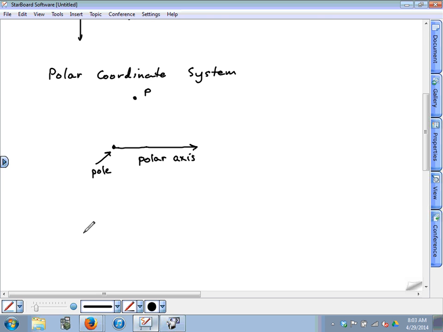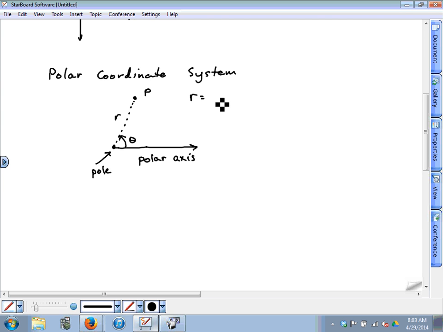The location of this point is not described using vertical and horizontal components because we don't have a vertical and a horizontal axis here. The location of this point is described by the distance from the pole, that's called R, and the angle that distance segment makes with the polar axis. That's how you describe the location of a point on the polar axis.